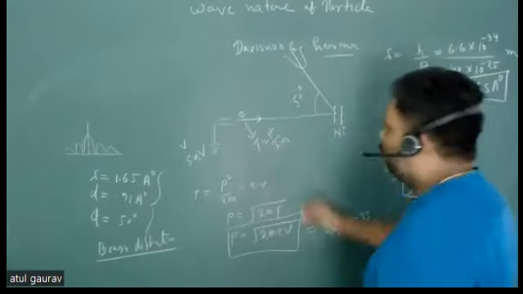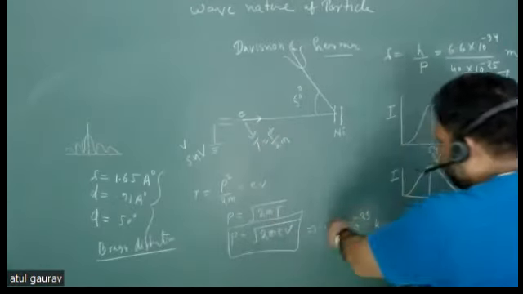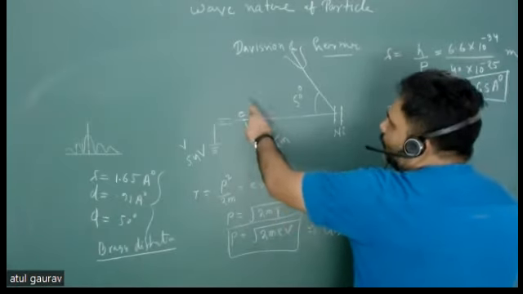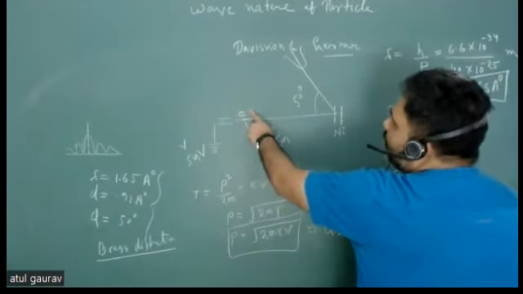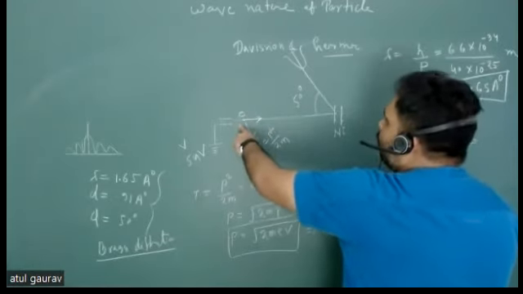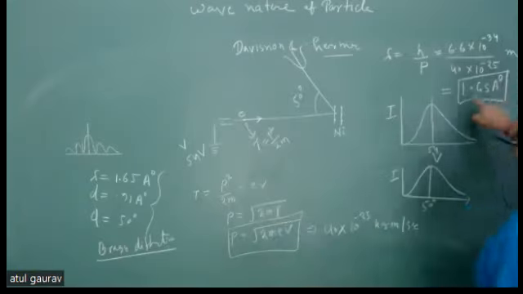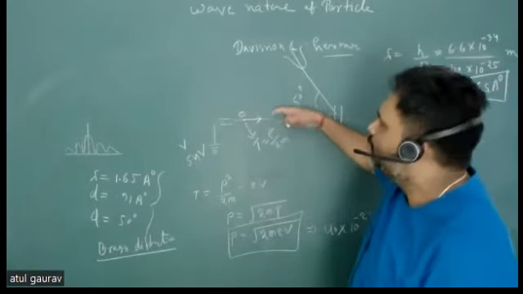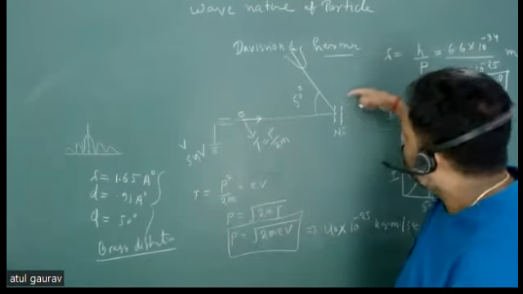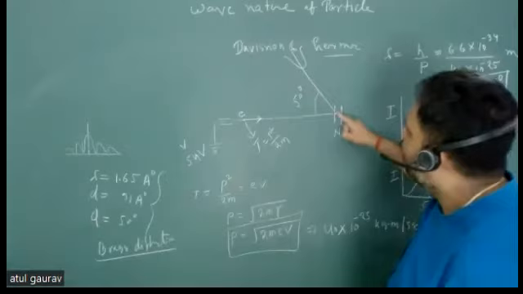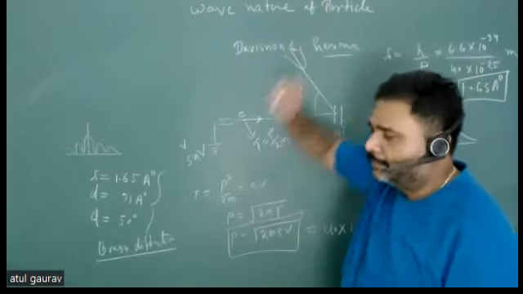Hence it has some momentum, and if it has momentum p, that means there is a wave associated with this momentum of what wavelength? Of exactly 1.65 angstrom. So the wave associated with this electron is going to interact with this particular nickel crystal and give the diffraction pattern.